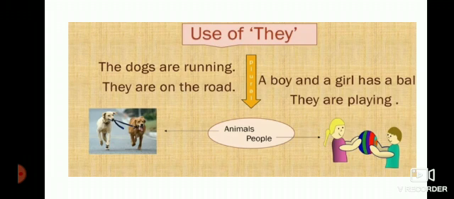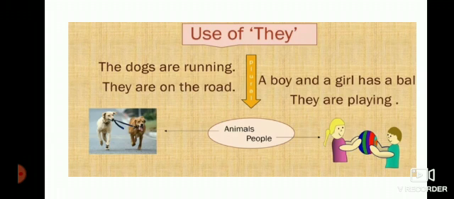He, she, it, they. Use of he is for singular. For a boy or a man, you have to use he. Raju, Ramu, my uncle, my grandfather, father. Instead of a boy or a man, you have to use he. When do we use she? Instead of a girl or a woman.